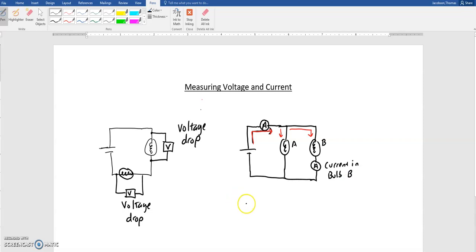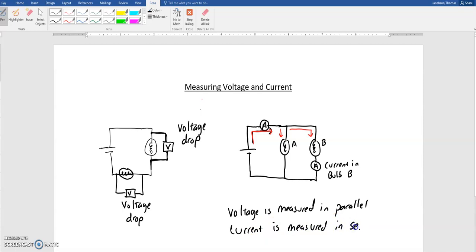So what you guys need to know is that voltage is measured in parallel, meaning that we can just make another circuit, another path for electricity to flow through here and back out, whereas current is measured in series, meaning that we are literally forcing the electricity to go through the wires, through our multimeter, and through the rest of our circuit.